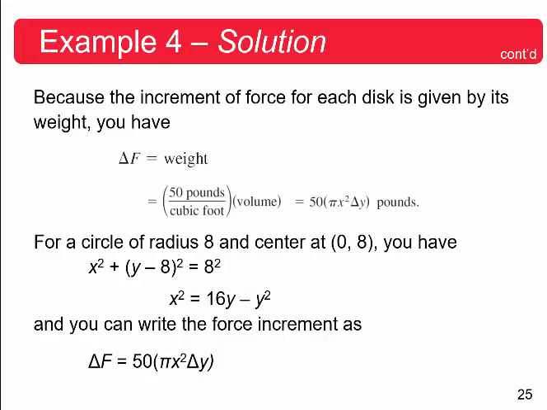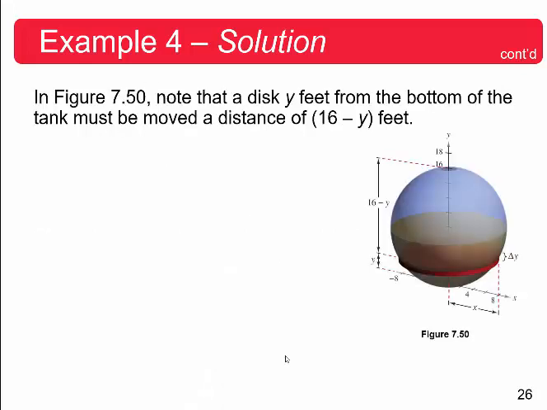Now you can write the force increment: delta F equals 50 times pi times x squared, and I can replace x squared with 16y minus y squared, times delta y. Now you can find the work done. The disc at y feet from the bottom of the tank must be moved a distance of 16 minus y feet to get to the top.